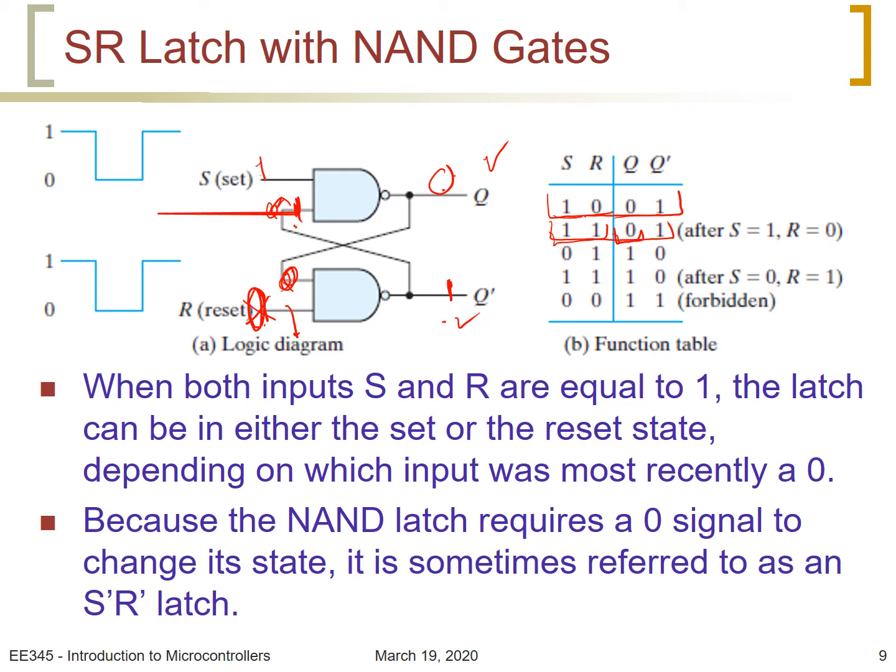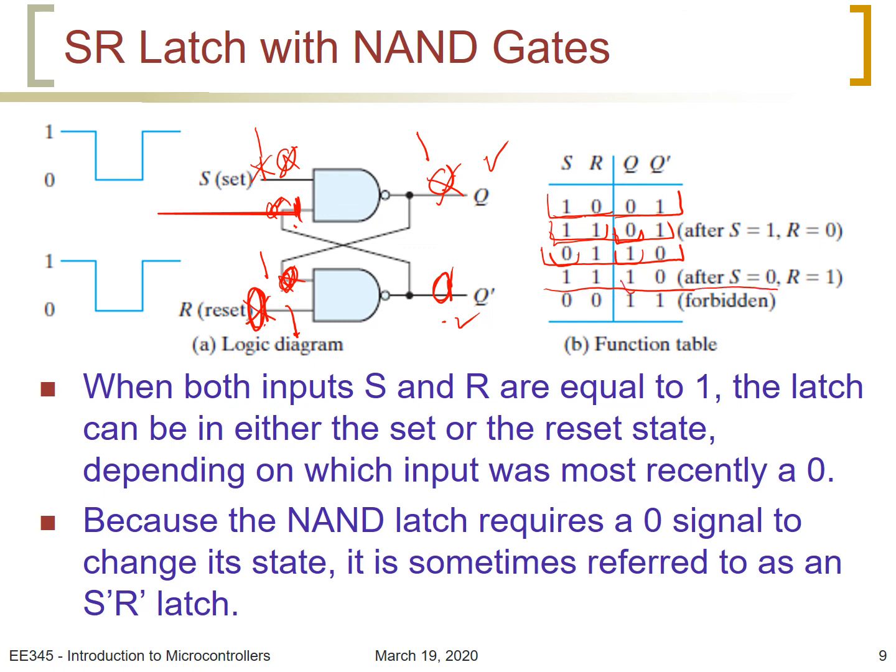In order to set this latch to 1, we make S is equal to 0. So if this is 0, this will be 1 immediately. And if this is 1 here and 1, this will be 0, which is this row in the function table, which is when S is equal to 0, Q is equal to 1. Again, if we make S back to 1, if we make this back to 1, the latch will keep its state of 1 here.